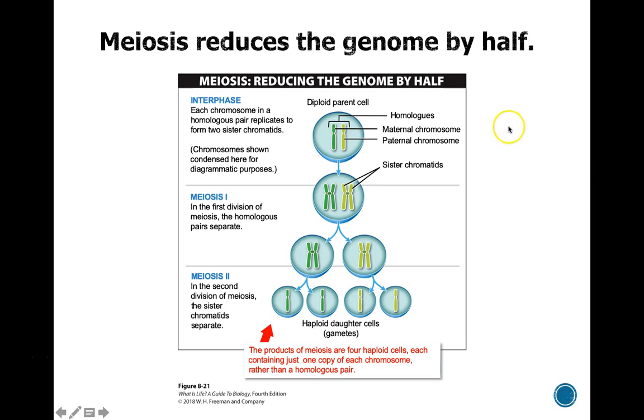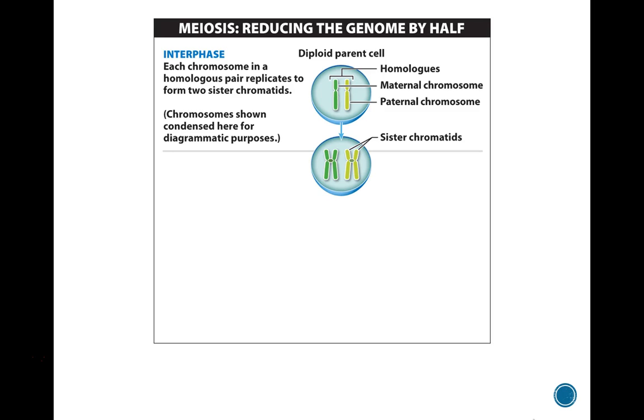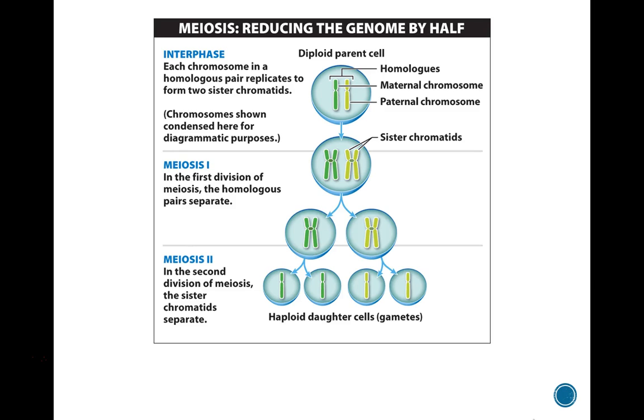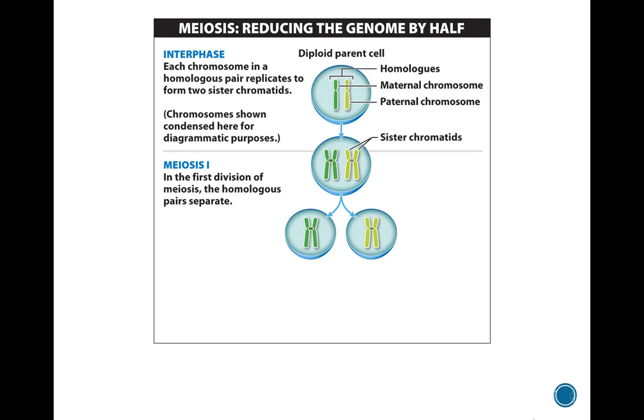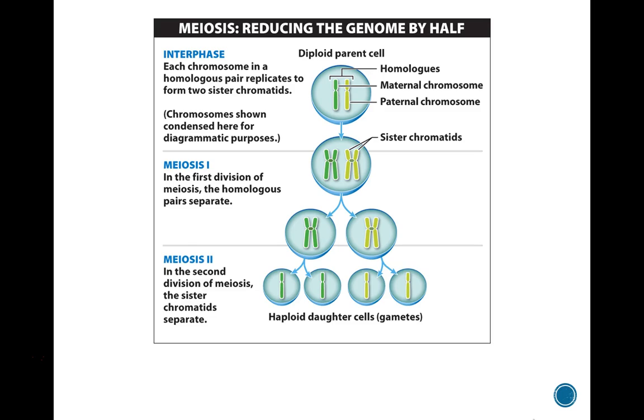So we have gone from a diploid situation of 46 chromosomes to a haploid situation of 23 chromosomes. This is just a stepped picture of how this happens. So we have parent cell, we produce our sister chromatids, and then we condense. We separate our homologous pairs, and then we separate our sister chromatids.